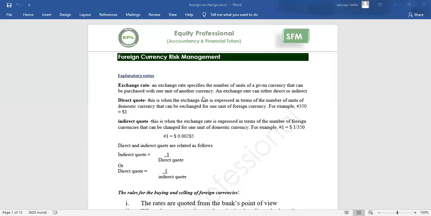That means that company will need to convert its own currency to the currency of another country. In other words, exchange rates will apply.